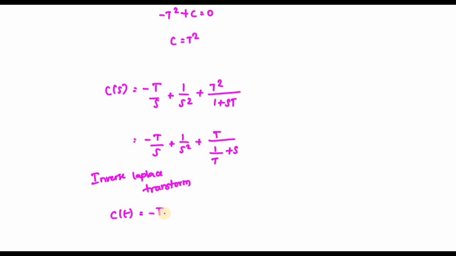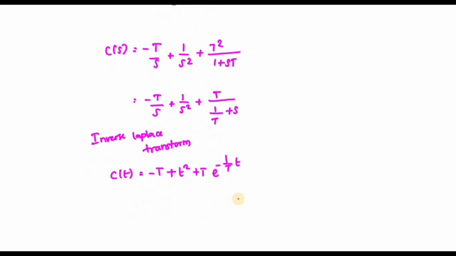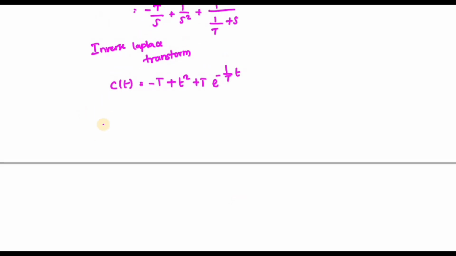I can take it outside. This 1 divided by s is 1, plus this is nothing but T, plus if I take T outside, this becomes e power minus 1 divided by T into t. This is not T square, this is T, I'm sorry.